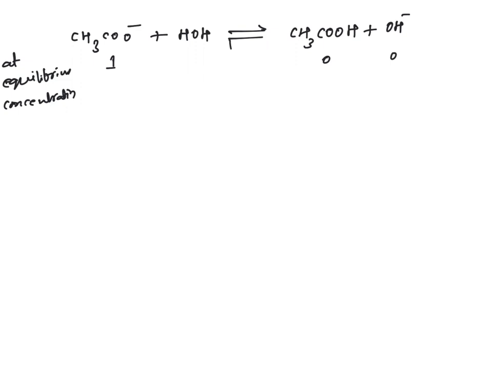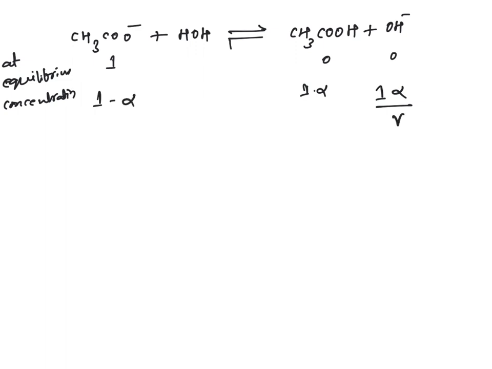Once equilibrium is reached, some amount will be involved in the hydrolysis. Let's assume some fraction alpha, 1 into alpha, because 1 is the initial mole and alpha is the fraction involved in the hydrolysis process. So how much is left? 1 minus 1 dot alpha I can write here.